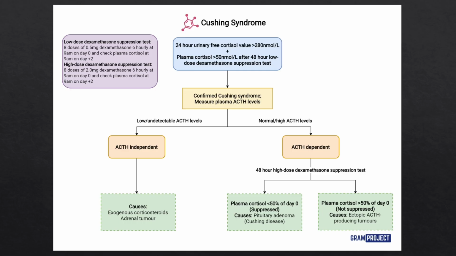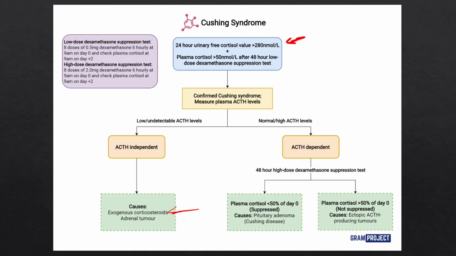So whenever you suspect Cushing syndrome, always check if the patient is taking medications or not. That's important, because it may be just about the medication. You stop the medication and everything goes well. If the patient is not taking corticosteroids, your first step will be urinary free cortisol values, and you want to check how much cortisol is in the urine.